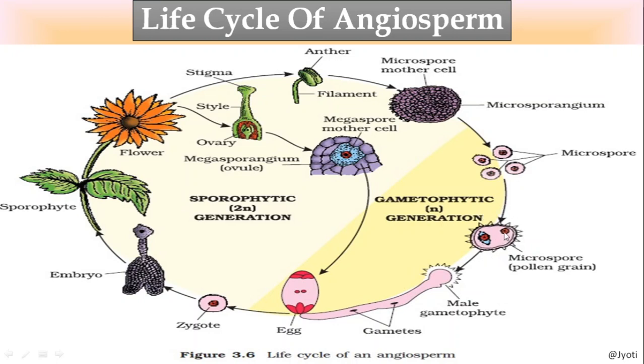In the pollen grain there are two nuclei: one is the generative nucleus, which is the small one, and the other is the vegetative nucleus. Actually, the bigger structure is the vegetative cell, inside which the generative cell is floating. The vegetative cell provides nourishment to the generative cell. The generative cell divides to form two male gametes. Here you can see the two male gametes.